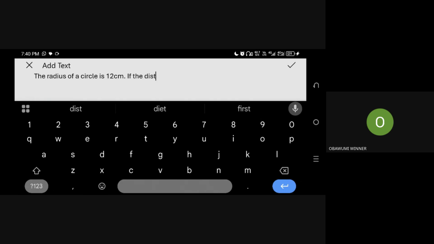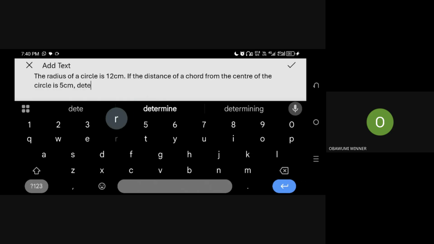If the distance of a chord from the center of the circle is, say, 4, let's say 5 centimeters, determine the length of the chord.